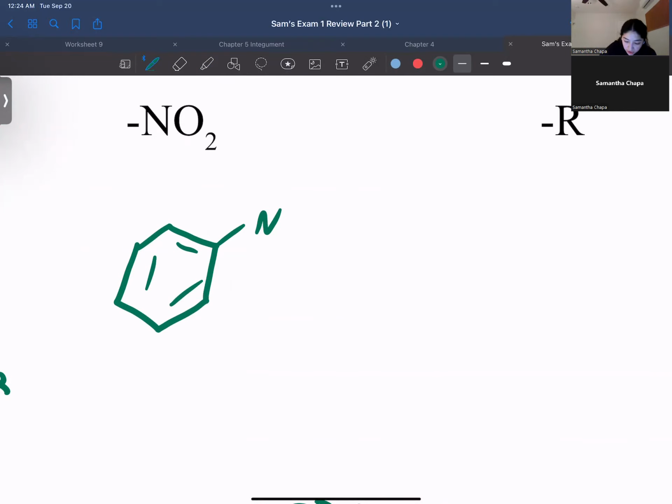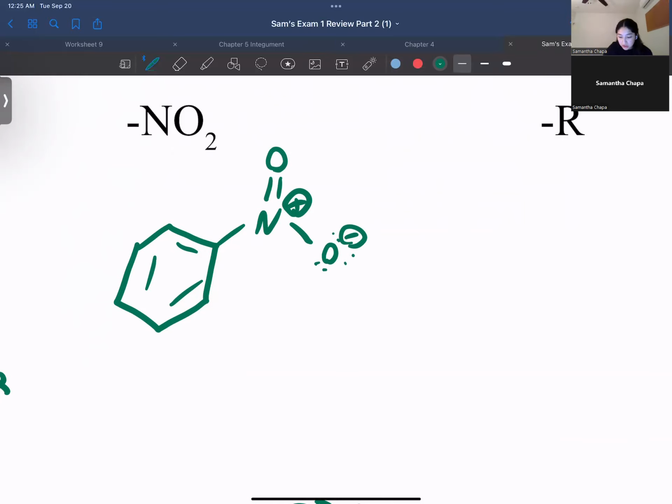So notice how there's no charge over here, right? It's neutral. But on the Lewis structure that I'm about to draw, there is going to be a charge. There's a minus charge on my oxygen because it only has one bond and 3 lone pairs around it. There's a plus charge on my nitrogen because it has 4 bonds on it. So these two cancel out, and then notice how it doesn't have a charge on it because they're canceling out.